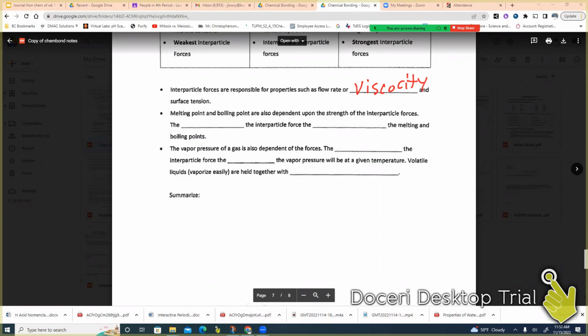It's harder for it to flow. So if that's true, which one do you think has stronger intermolecular forces, the honey or the water? The honey, exactly. They're holding them together. They don't want to flow. So the more viscous, like maple syrup, anything that has a little bit of oil, anything like that, the more viscous, the greater the IMF would have to be.